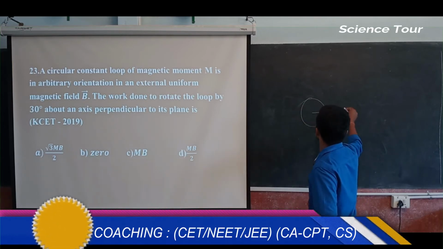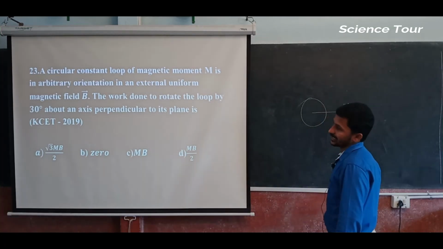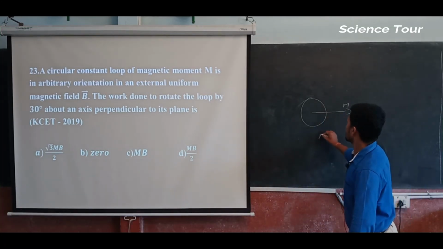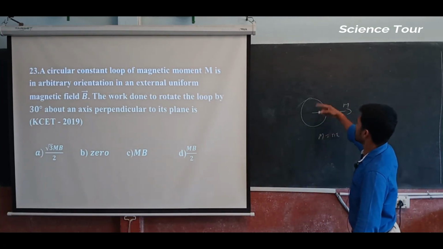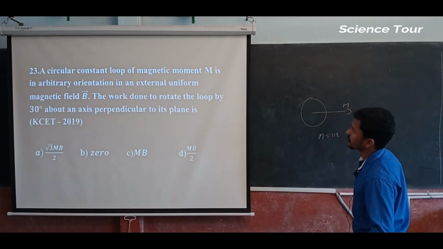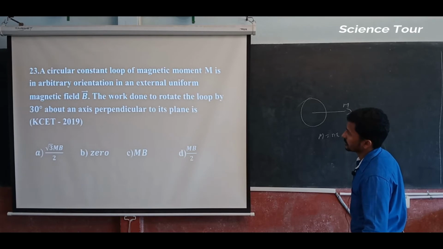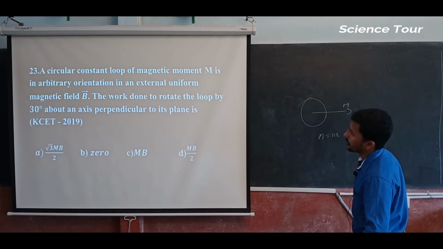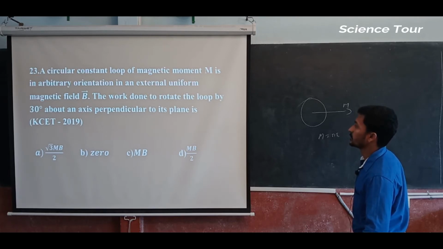Magnetic moment m is perpendicular to the plane, and M is equal to n into I into A, right? This is the plane. Now m is in arbitrary orientation in an external uniform magnetic field. The work done to rotate the loop by 30 degrees about an axis perpendicular to its plane.